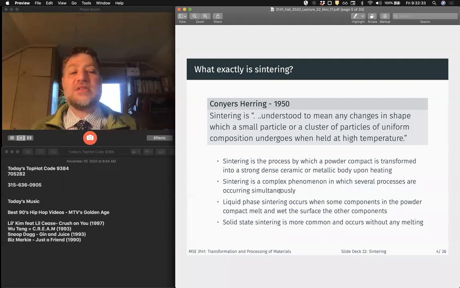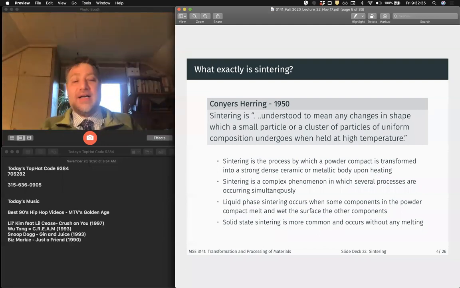So sintering is the process by which we make a dense ceramic or metallic body on heating from a powder compact. Okay, so sintering is a really complex phenomena, right? There's a lot of mechanisms happening and processes occurring simultaneously. Liquid phase sintering occurs when some components in the powder compact melt and wet the surface of other components.